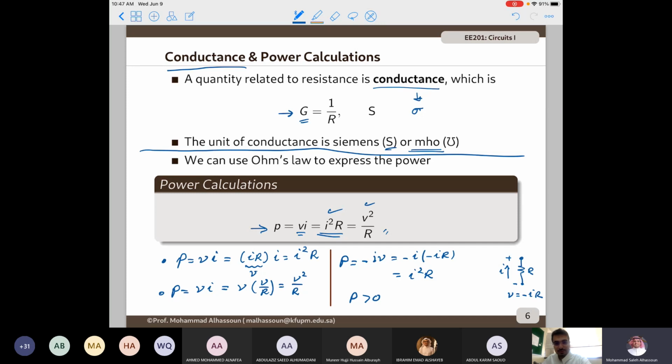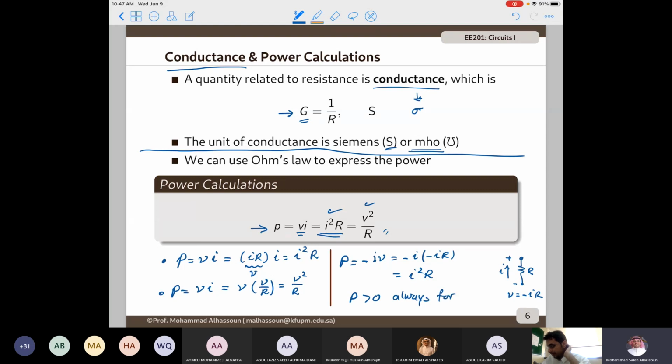Resistance is always positive for this course. And we have I squared or V squared, so they are always positive, non-zero, greater than zero. So in this case, the power is always positive.